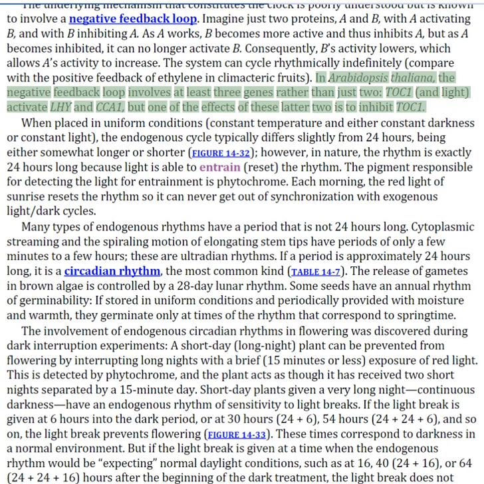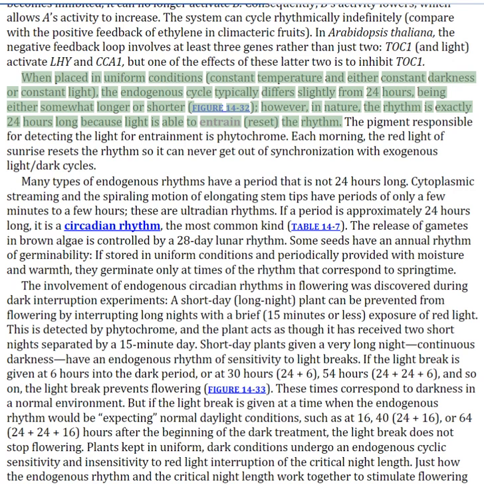In Arabidopsis thaliana, the negative feedback loop involves at least 3 genes rather than just 2. TOC1 activates LHY and CCA1, but one of the effects of these latter two is to inhibit TOC1. When placed in uniform conditions, the endogenous cycle typically differs slightly from 24 hours, being either somewhat longer or shorter.